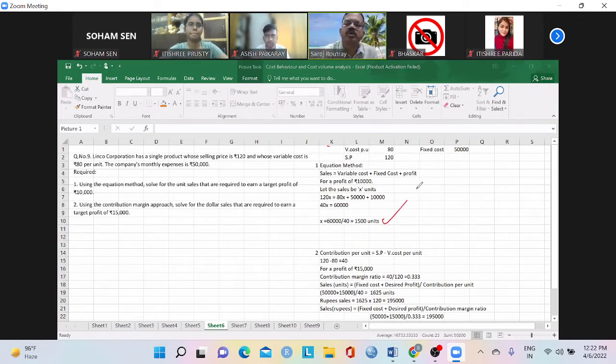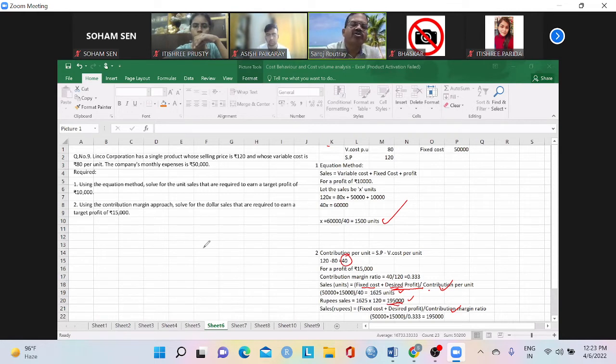So, at 1500 in using contribution margin, find out the contribution margin per unit. Then you have a desired profit. So, the formula is fixed cost plus desired profit divided by contribution per unit or contribution margin ratio. So, you get this answer 1625 and 1,95,000 rupees.